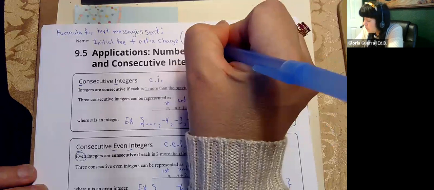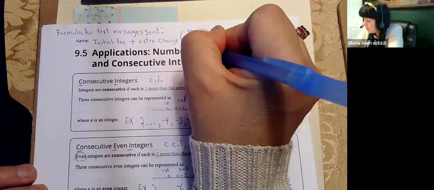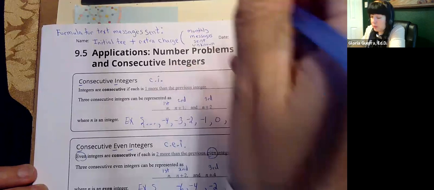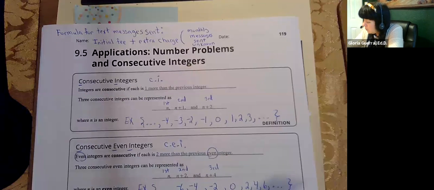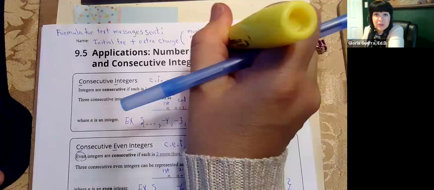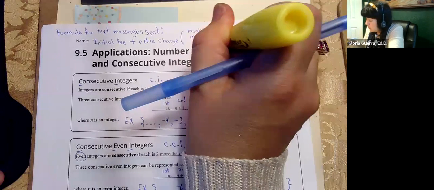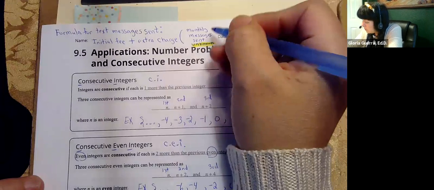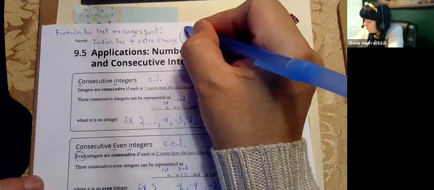And we talked about unknowns, how I've been highlighting your unknowns. In these problems that they give you, somebody's got to be the unknown. This is the unknown, this variable here, the monthly messages sent.